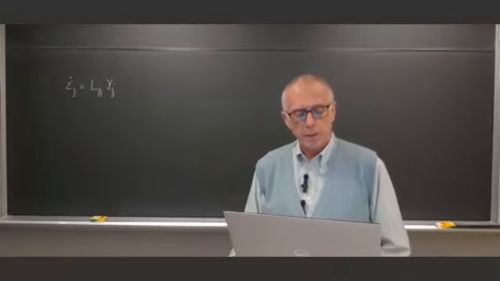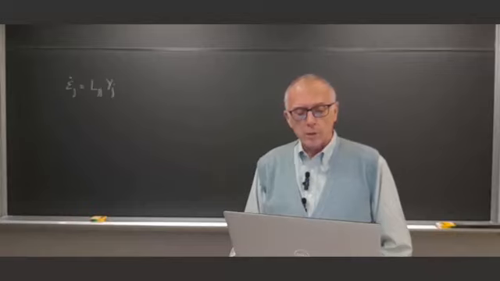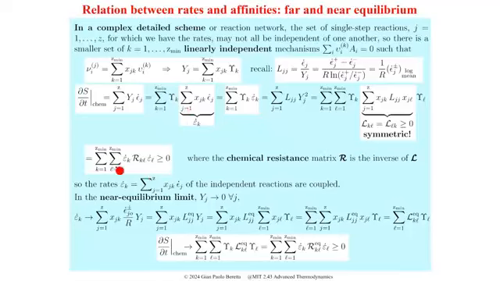non-equilibrium. Of course, so far we didn't linearize yet, but of course we can linearize. Again, we can assume that we go near equilibrium, where all the affinities go to 0. So that's the linearization that we did before. And this is the linear combination of the rates. So the rate of the independent reactions becomes a summation like this.